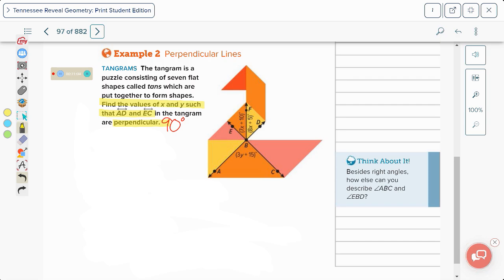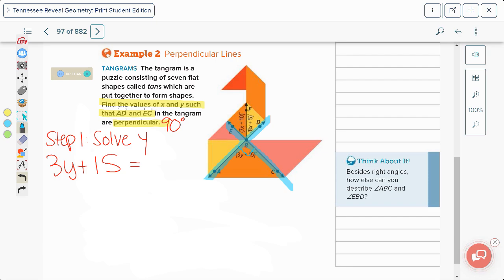Okay, so step 1, let's go ahead and try to solve for y. If we look at our diagram, we have to find where y is. It's right here in that angle ABC. So 3y plus 15, if I want to solve for y, I have to set that expression equal to something, okay? And they went ahead and told us that the 2 lines here are perpendicular lines. So I know that where those 2 lines meet, it's going to form a 90-degree angle.